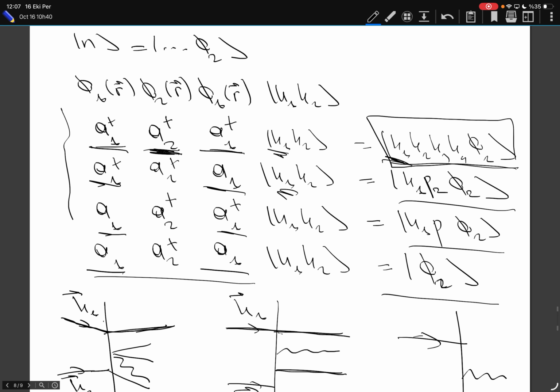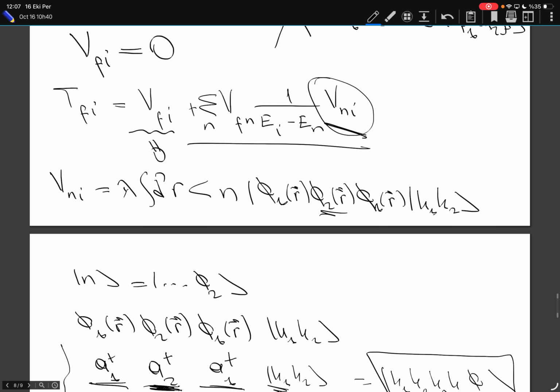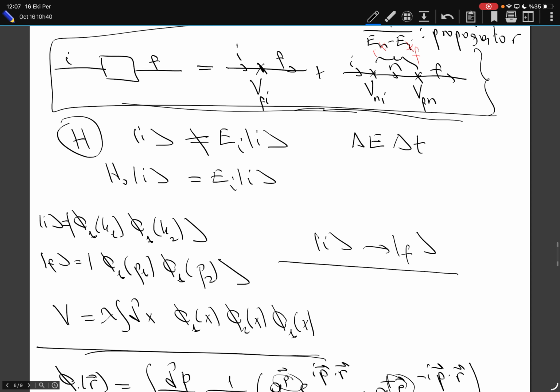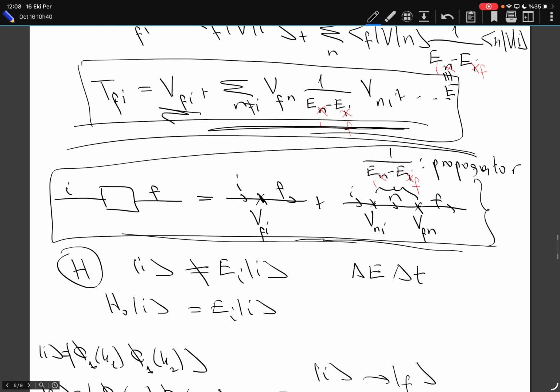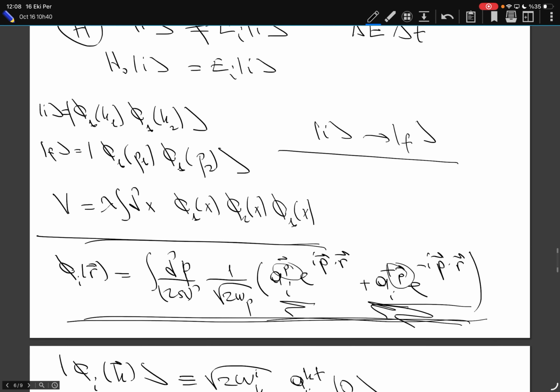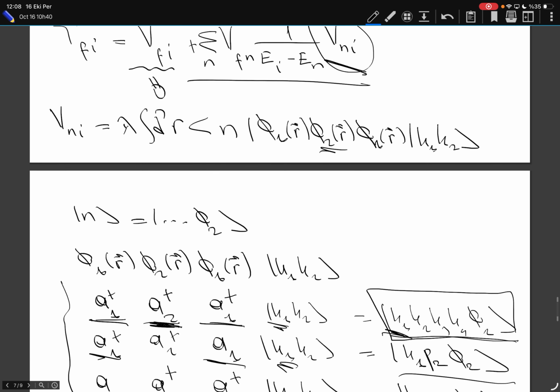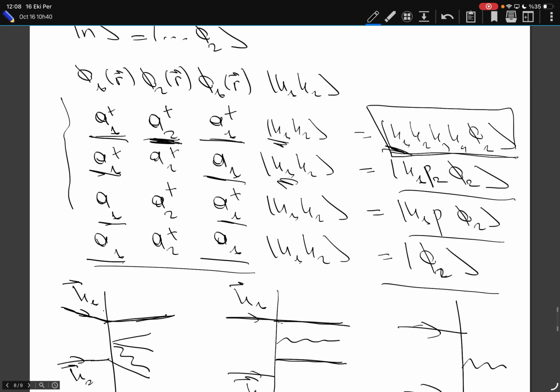So here at least this argument tells me that when I have this summation over n in my perturbative expansion, in principle I'm summing over all states. But already this tells me that not all the n's will contribute. Only the states that have 4 phi1 particles and 1 phi2 particle, 2 phi1 particles and 1 phi2 particle, or just the phi2 particle will contribute in that summation.